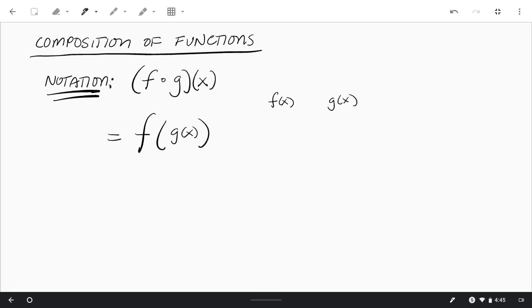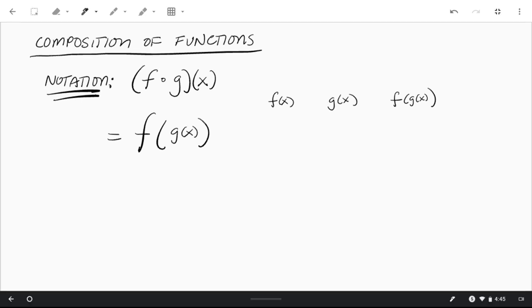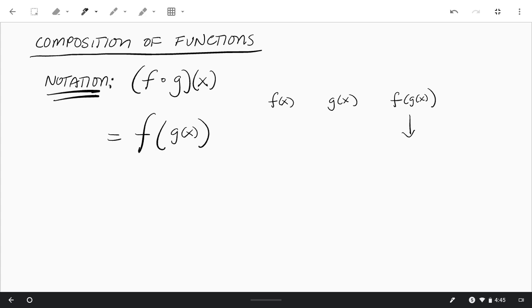When we're trying to find the domain of the composite function, we want to know the domain of this final function.